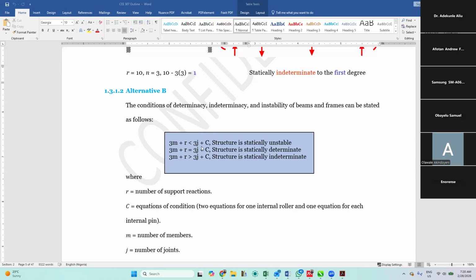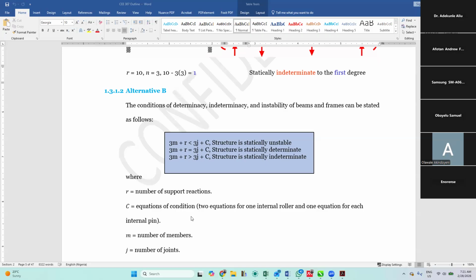R is the number of support reactions as we have been using earlier on. However, C is the equations of conditions. That is, it is possible for us to have a roller support and it's possible to have a pin support. Now, what is C for a roller support?